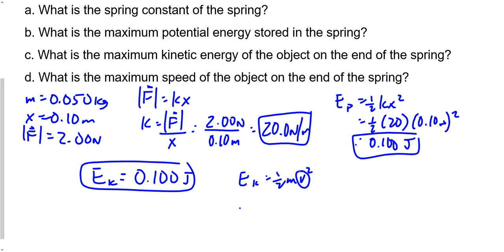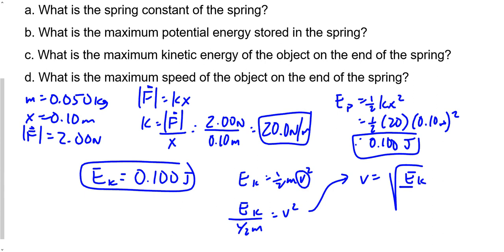So what do we got here? 0.100 joules divided by 1/2 of 0.05. Make sure that in the bottom, when you're subbing your numbers into your calculator, you use brackets. And in fact, we should probably use big brackets there as well.